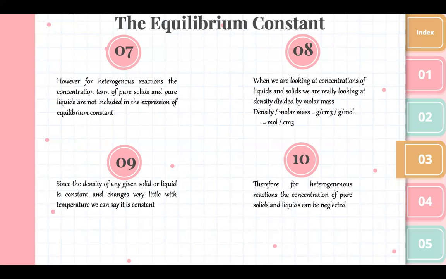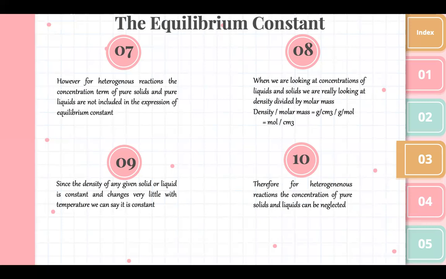However, for heterogeneous reactions, the concentration terms of pure solids and pure liquids are not included in the expression of the equilibrium constant. When we are looking at the concentration of liquids and solids, we are really looking at density divided by molar mass, where the formula is density divided by molar mass.